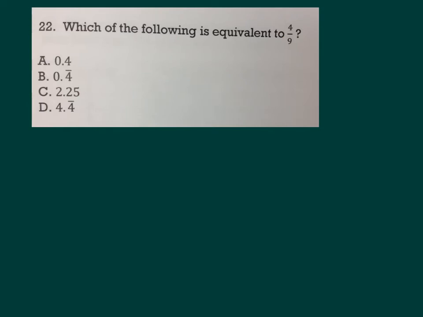But again, this is when estimation comes into the picture. 4 ninths, you know it is less than 1. So you know that C and D wouldn't be correct because these two options are both bigger than 1. So you just have to decide between A and B, and I believe once I've pointed it out right now, you should be able to tell which one is the answer.